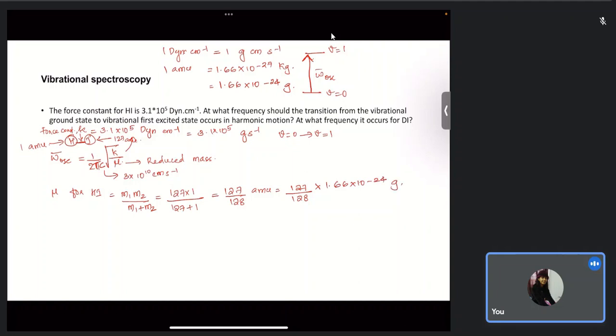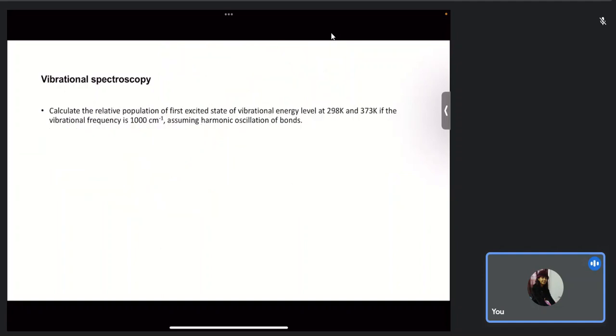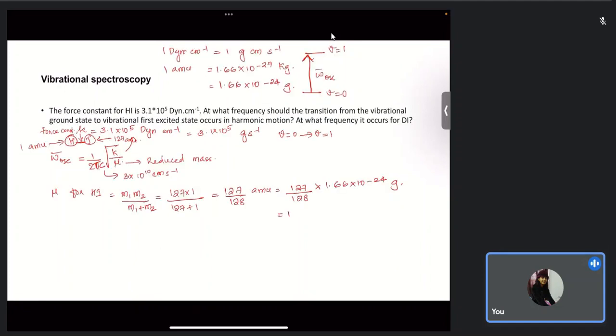So let's calculate that. 127 divided by 128 multiplied by 1.66 is equal to 1.647 into 10 to the power minus 24 grams.